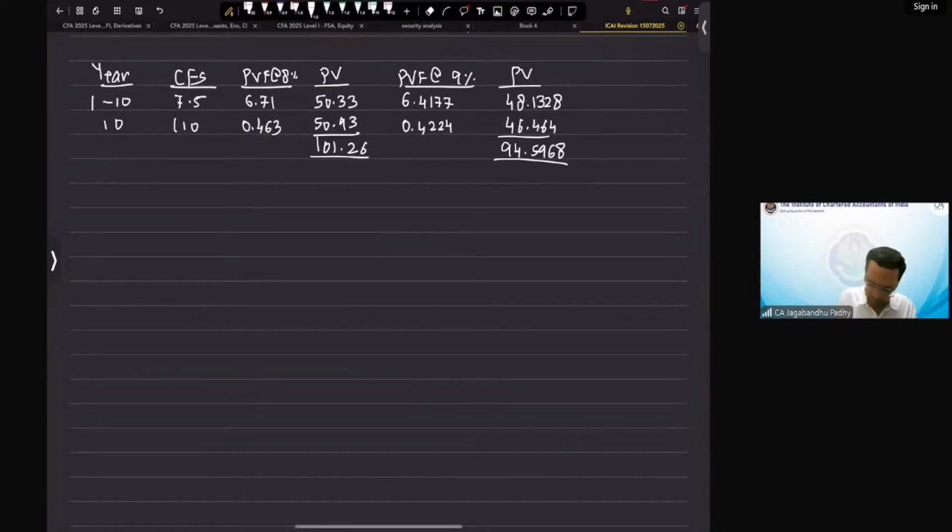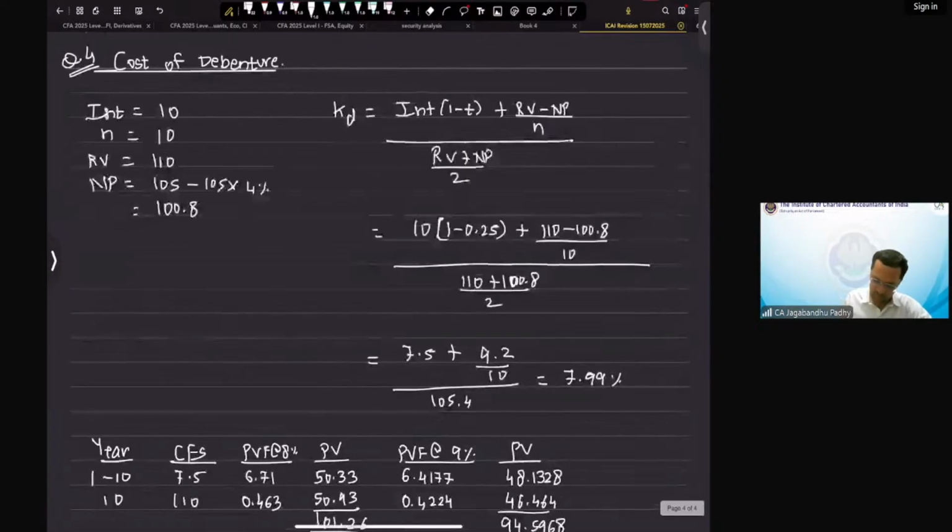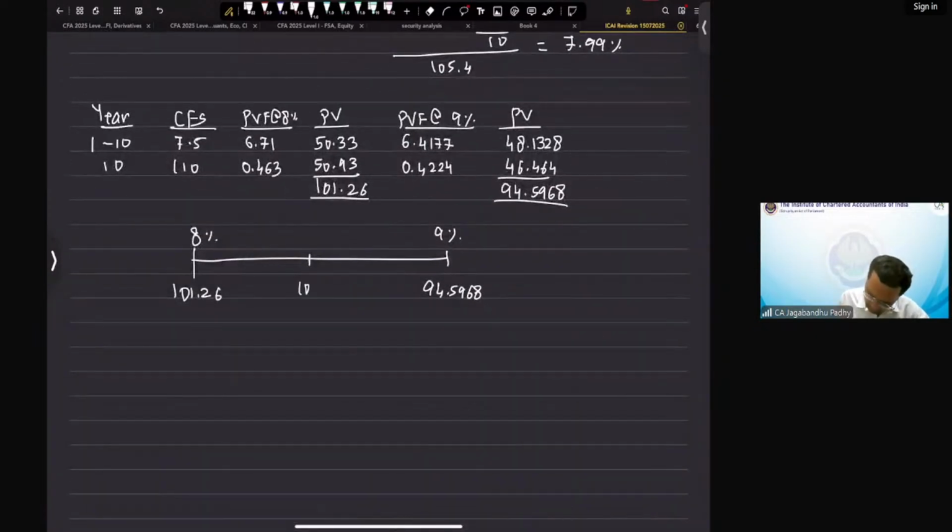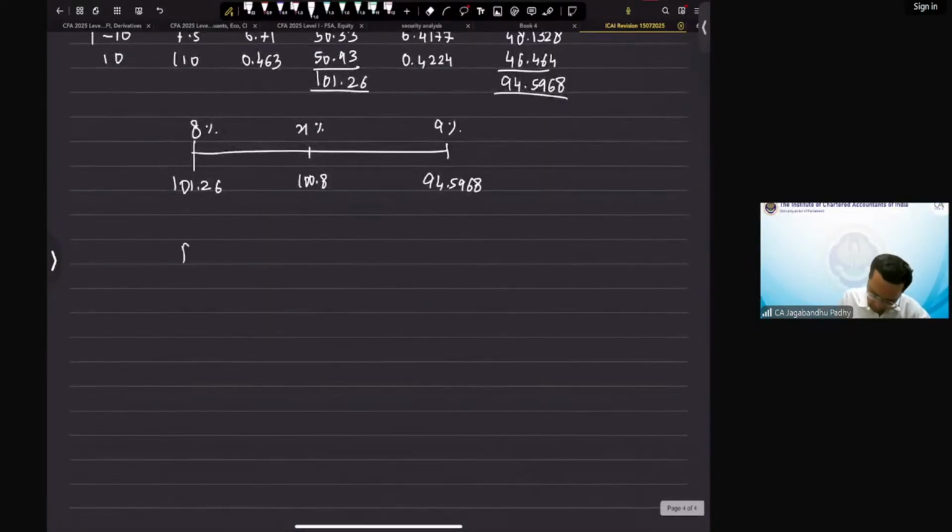Okay. So let us say over here we have two percentages, 8% and 9%. At 8%, the present value is 101.26. This is 94.59. And what we want is the value to be equal to the current net proceeds, which is 100.8, and we want that particular rate.